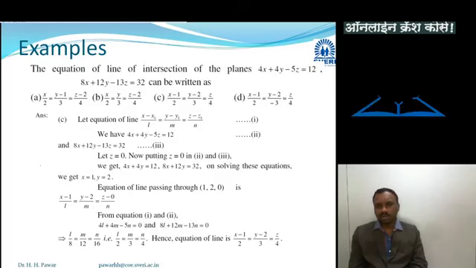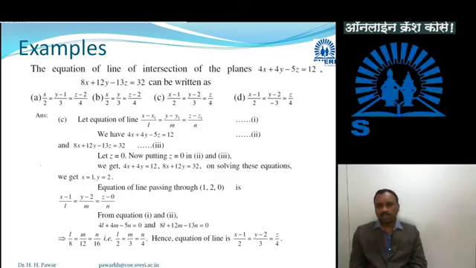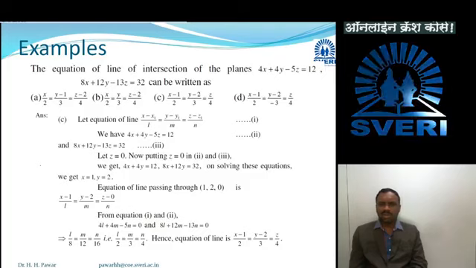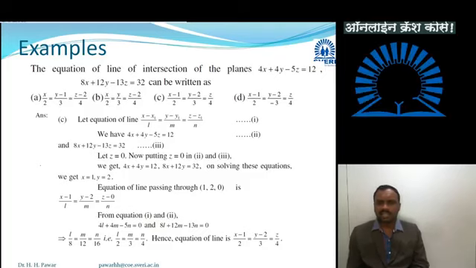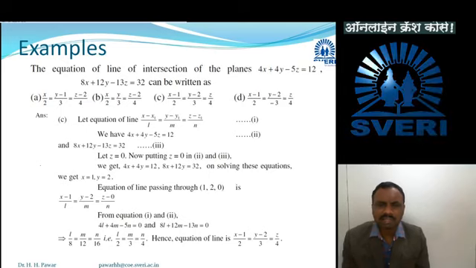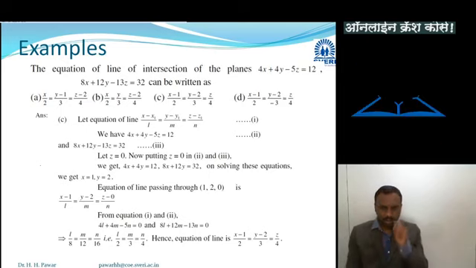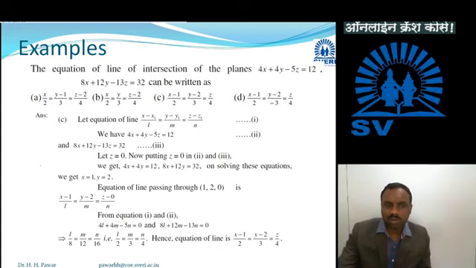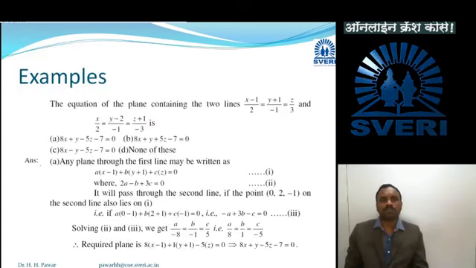Third option, if you check, 1 minus 1 is 0, 2 minus 2 is 0, again 0 by 4 is 0. So all are correct. So option C is the correct choice for this question. That is, put the point directly in the equation of line in the options.